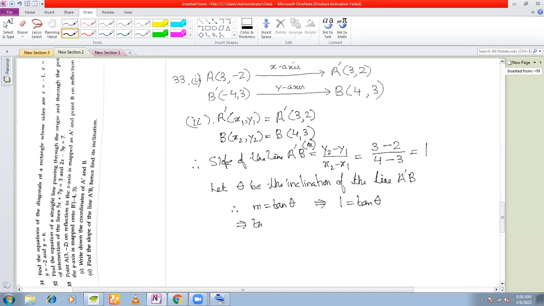Means tan theta must be equal to 1. That means tan theta must be equal to tan 45. That means what is the inclination here? It is 45 degrees. Inclination of the straight line with the x-axis is 45 degrees. That finishes the first part of straight lines.